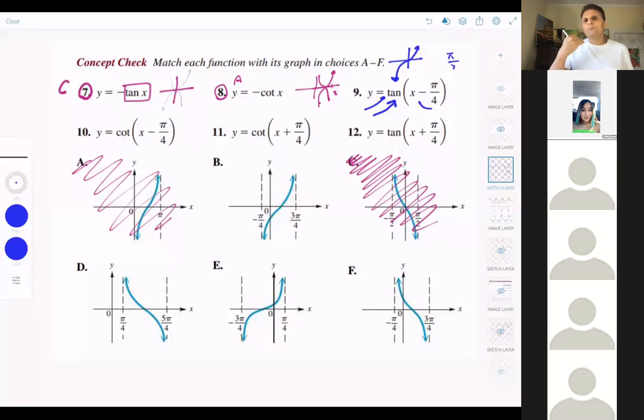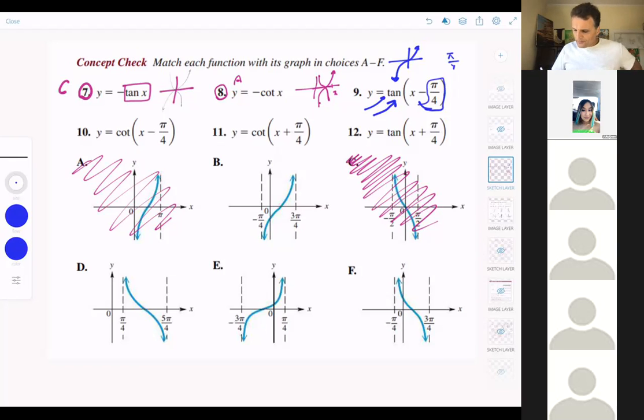We are shifting by pi over 4. Are we shifting pi over 4 to the right, or do we go to the left? Karen? I think it's going to the left. If it's negative, we go to the right. I know, because it's negative you like to go to the left, but we do the opposite. So here we go pi over 4 to the right.